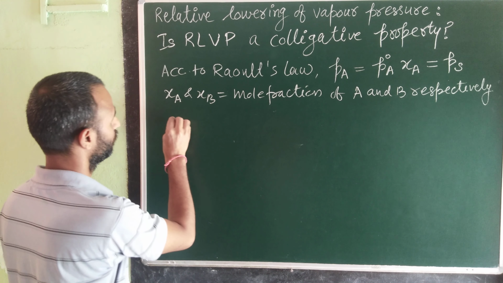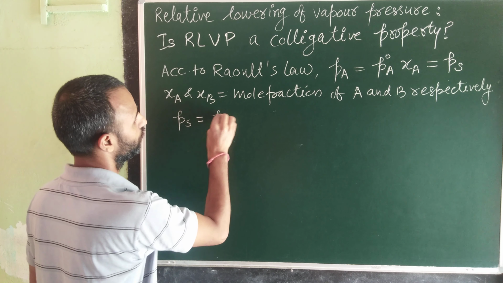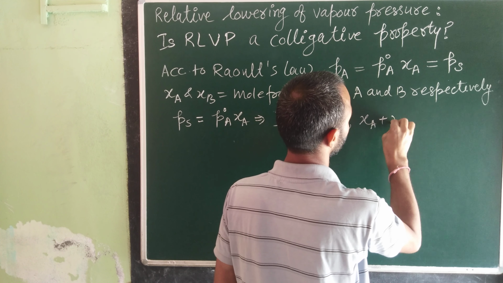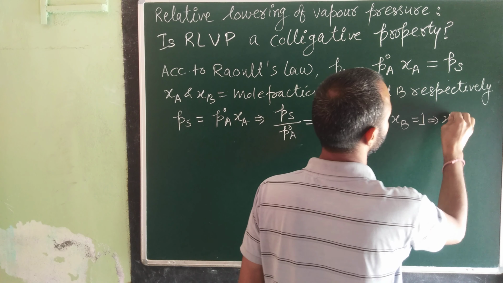So now this PS is equal to P naught A XA, that implies PS over P naught A is equal to XA, and we know that XA plus XB is equal to 1. That implies XA equal to 1 minus XB. So accordingly PS over P naught A is equal to 1 minus XB.